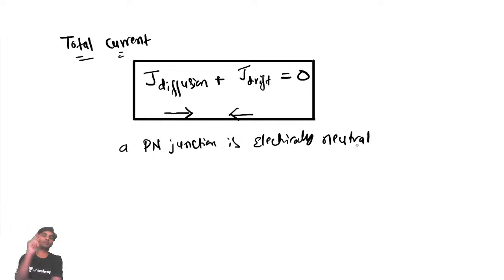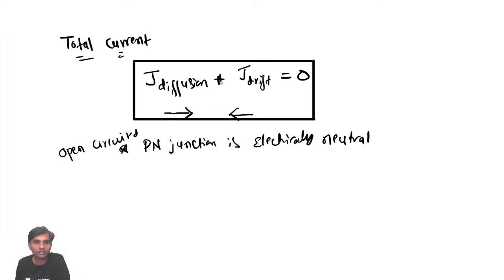This point you need to remember, sir. Very important point. An open circuited PN junction is electrically neutral because of this diffusion and drift.